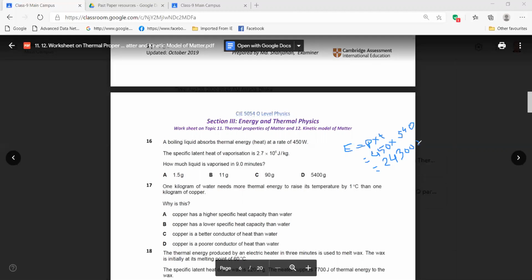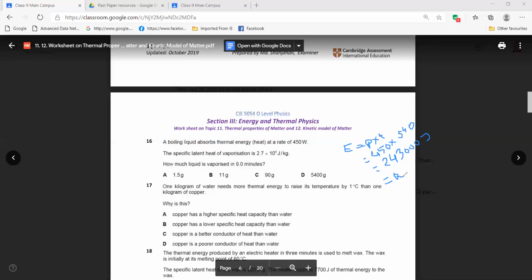It is energy, right? So this one is also Q, the heat energy required. So we will write here Q. This is your first part to do.